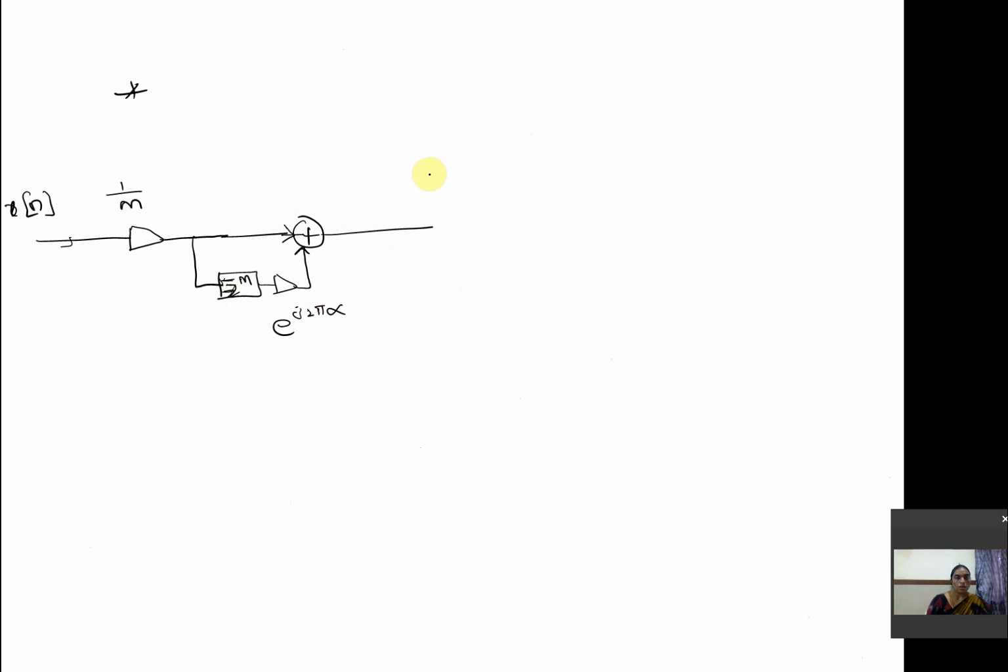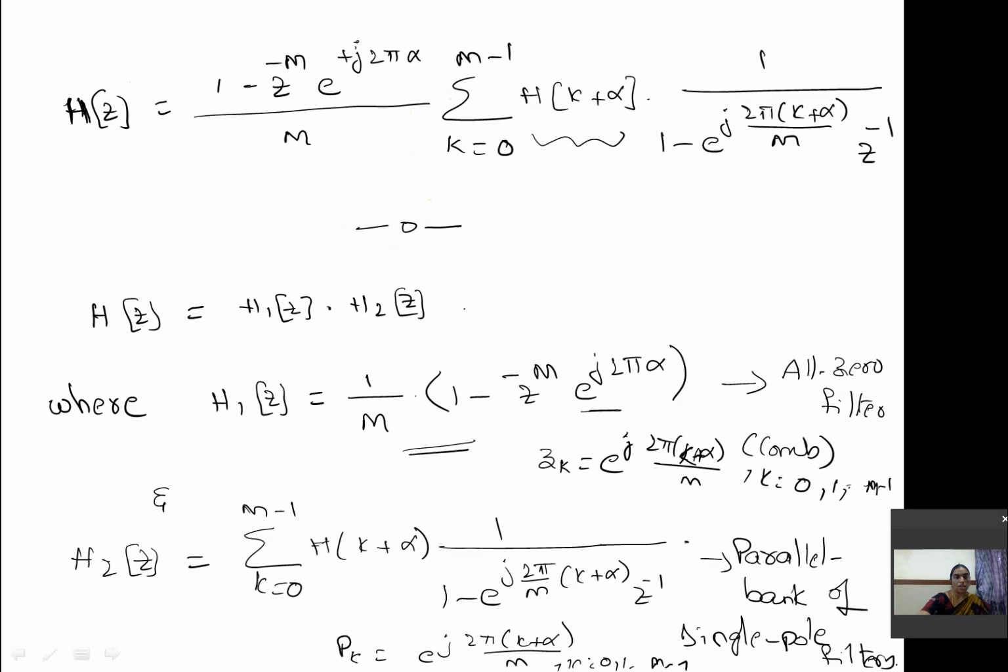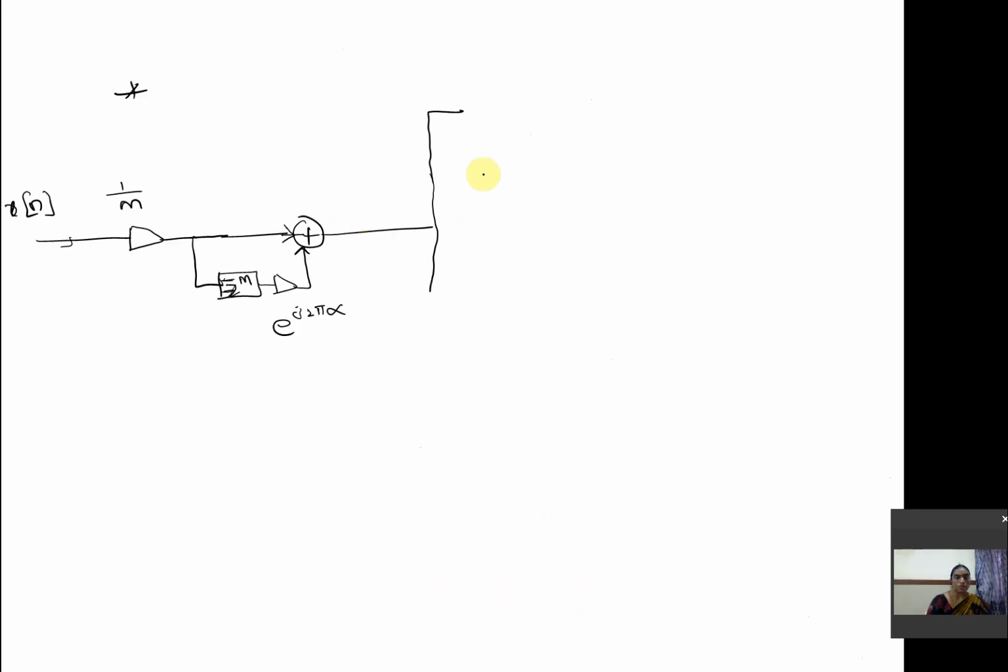Now another one, that is nothing but H2(z). H2(z) is a summation of this one. The first place, k equal to 0: H(α) times 1 by (1 minus e^{j2π(α)/M} z^{-1}). So first I am designing that one.